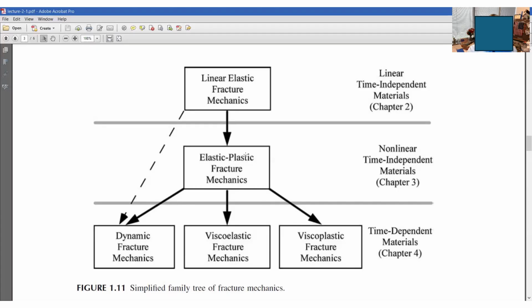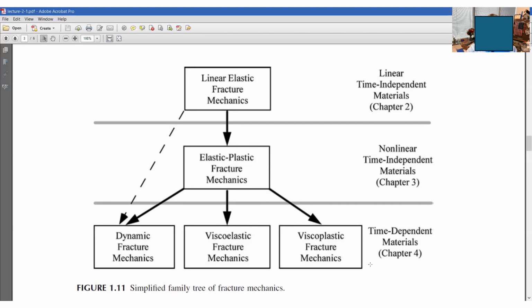However, the material is still time independent. We will say non-linear because there's plasticity, but still a time independent material.